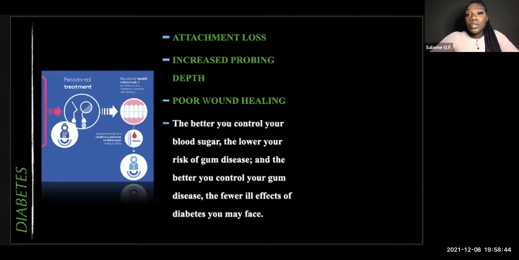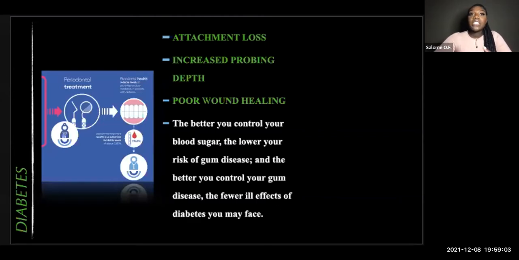So if you have uncontrolled diabetes, sometimes we don't even perform surgery on these patients until they're able to control their diabetes, looking at their A1C number. For those of you who are diabetic, you will be familiar with the term A1C. You'll know if your levels are controlled or not.